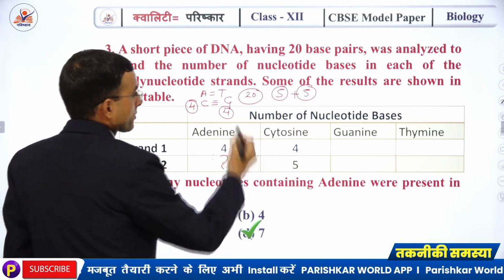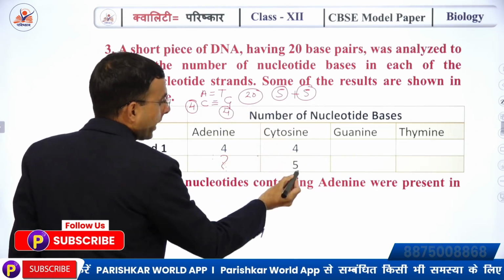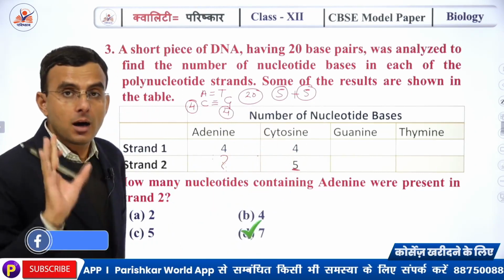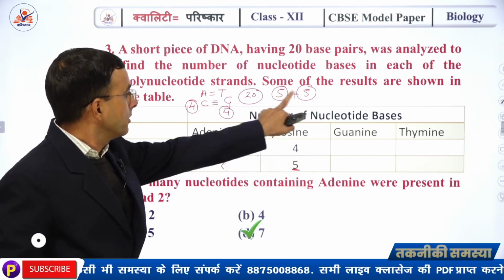Now look at this one. Out of these 20, if 5 is cytosine, then they bind with guanine.